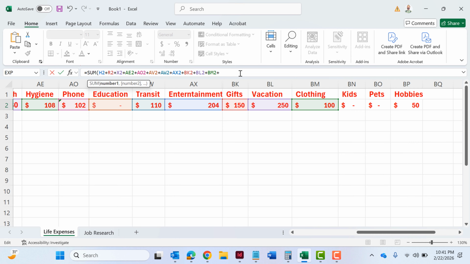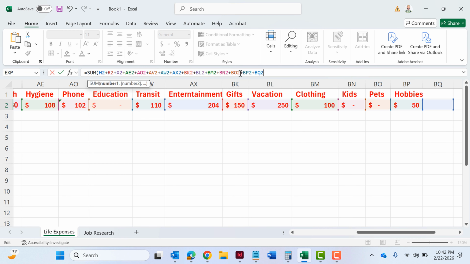It's a long equation. BN2 plus BO2 plus, oops, I just messed that up, plus BO2 plus BP2, and finally plus BQ2.